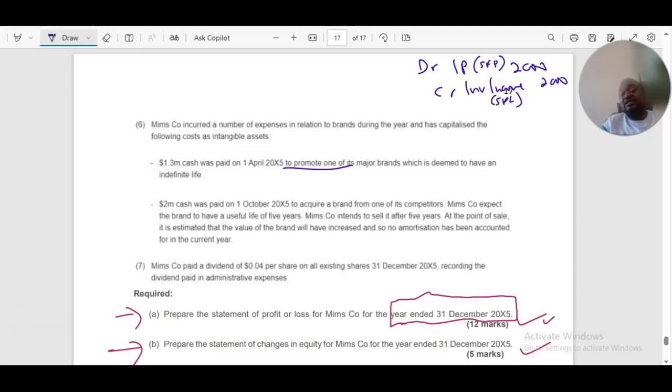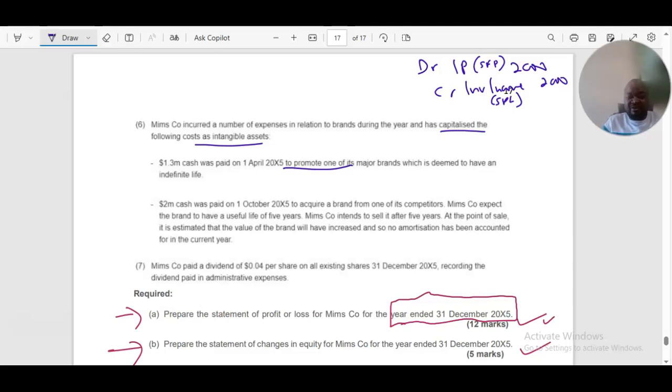Because in intangible assets, that's the question that matters in IAS 38. So the nature of the promotion exercise on the brands, because they wanted the brands to be known, was it a capital expenditure or a revenue expenditure? Was it supposed to be capitalized as an intangible asset? That's the question.